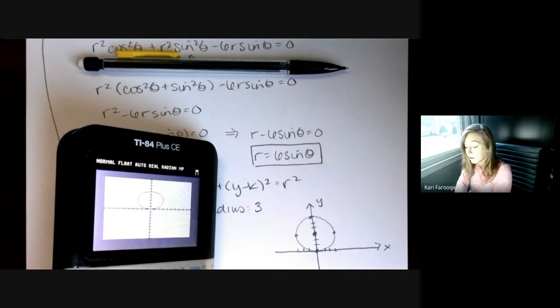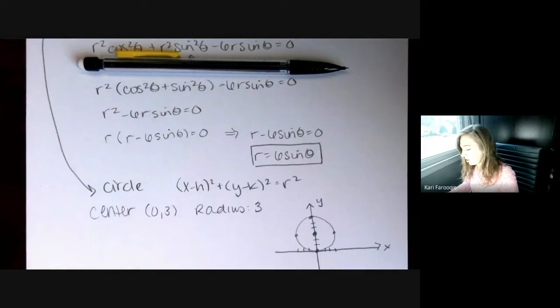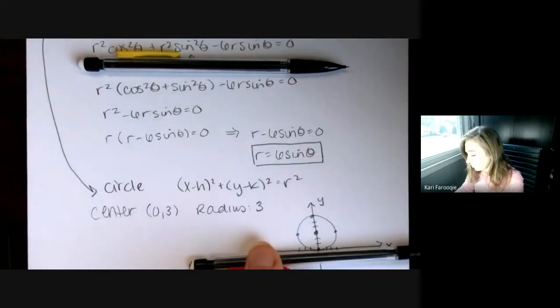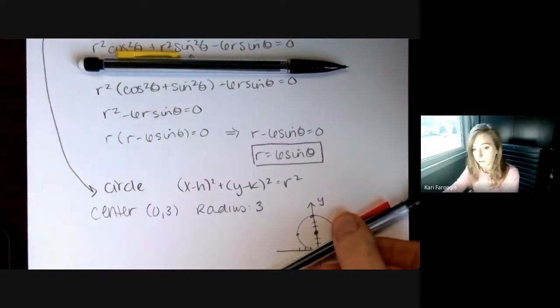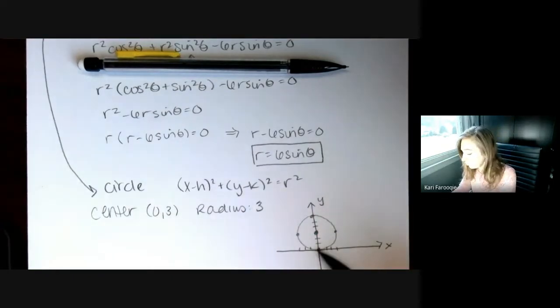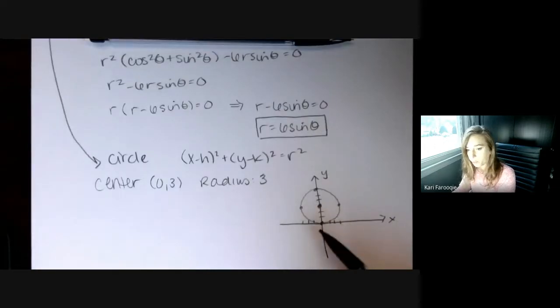The reason this graphs itself out in 0 to pi is because I only am covering values on this graph from 0 to pi. Once I get to values that are greater than pi, the only r values I'm going to get over here are going to be negative. They're going to be heading back the other direction. And I know that the whole idea of polar graphs and coordinates is very new to you still.